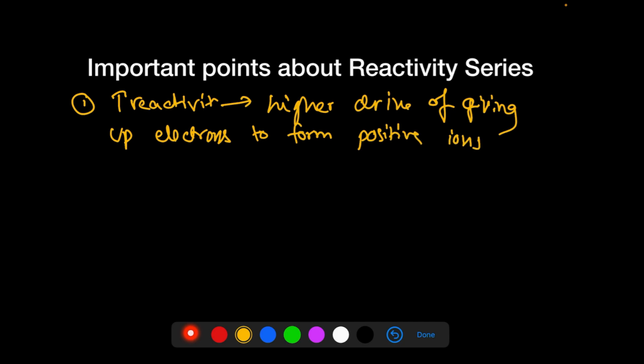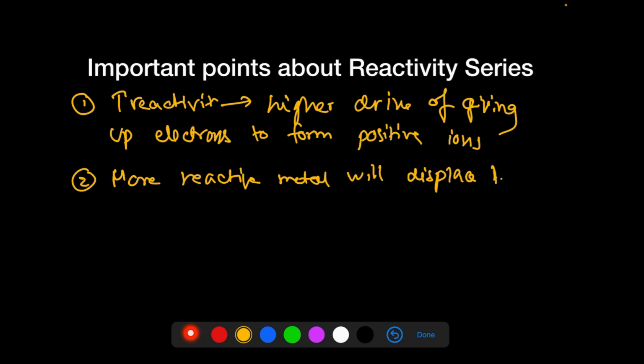And then a more reactive metal will displace a less reactive metal. Displace means that it will take the place of the less reactive metal, which we'll look at ahead.